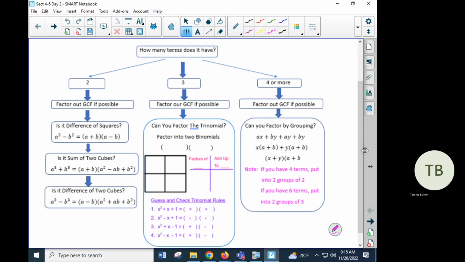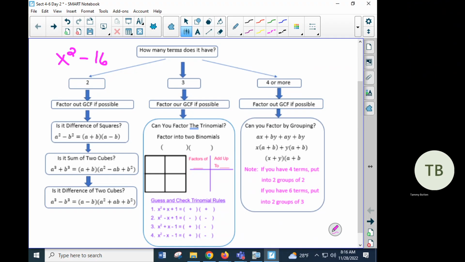So again, today, if you have 2 terms, what that means is you're gonna have like 2 things connected by a plus or minus sign. First thing you'd always do is factor out the greatest common factor. If it's difference of squares, there's a way that we would do that. So check if it's difference of squares first. If it's not difference of squares, it can be sum or difference of cubes, and we'll talk about that today.